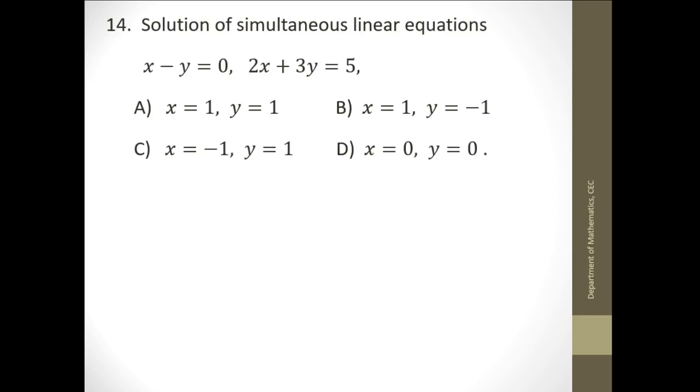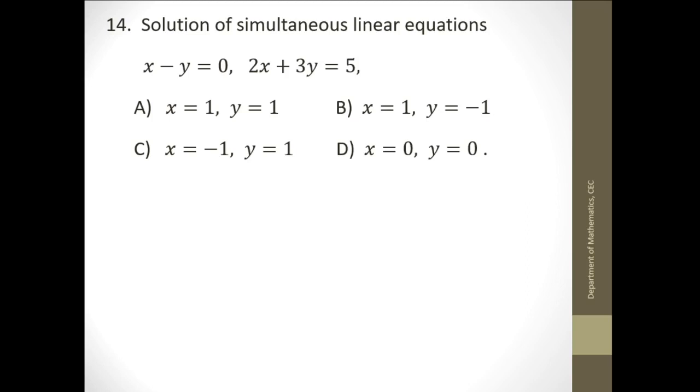To find the solution of these simultaneous linear equations, don't solve this. Just substitute the given values. For example, if I substitute D, x equal to 0, y equal to 0, then it satisfies the first equation but not the second.